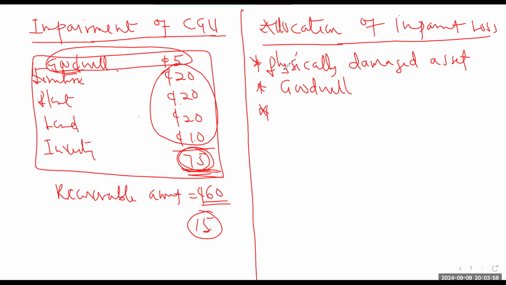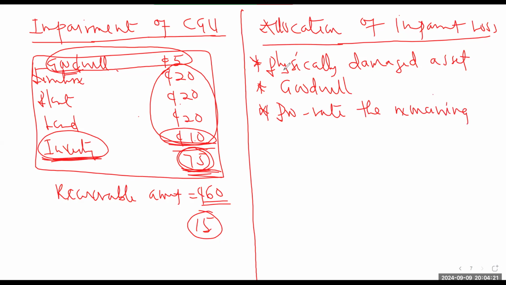The question may tell you that the value of the inventory is the same as its recoverable amount, so it will not be impaired. But if nothing has been said about the inventory, the inventory will also be assumed to be impaired because it's also part of the cash generating unit. So we now prorate the remaining impairment based on the carrying value before the impairment.